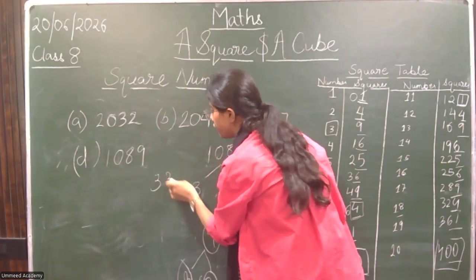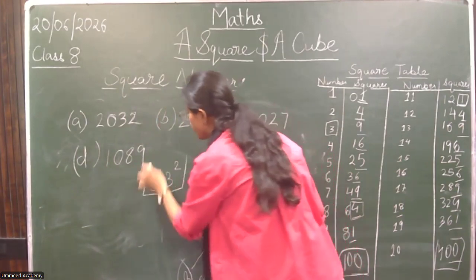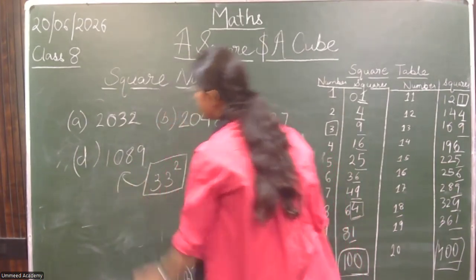Yes, ma'am. We will do 33 का square, so we will get answer as 1089.